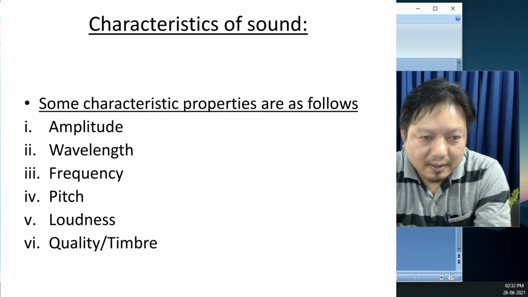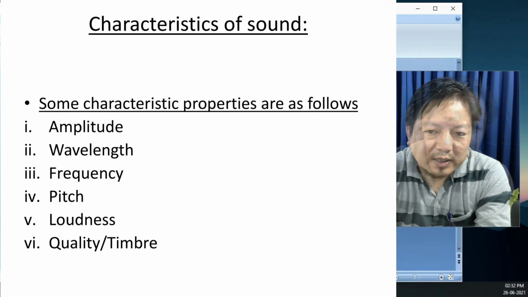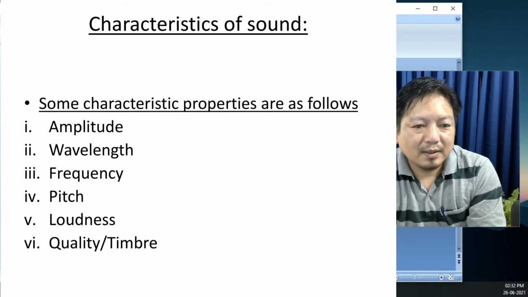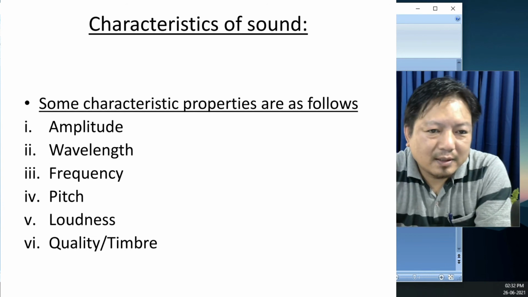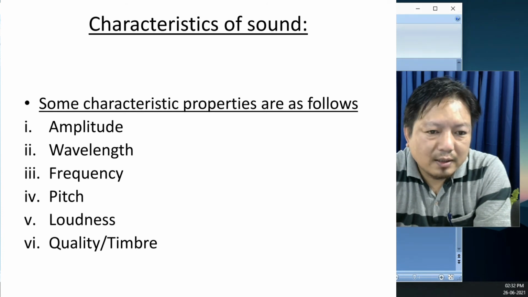Point 5, loudness. It depends on the amplitude of sound. The higher the amplitude, the louder the sound, as it has more energy. And the last characteristic property of sound is quality or timbre.